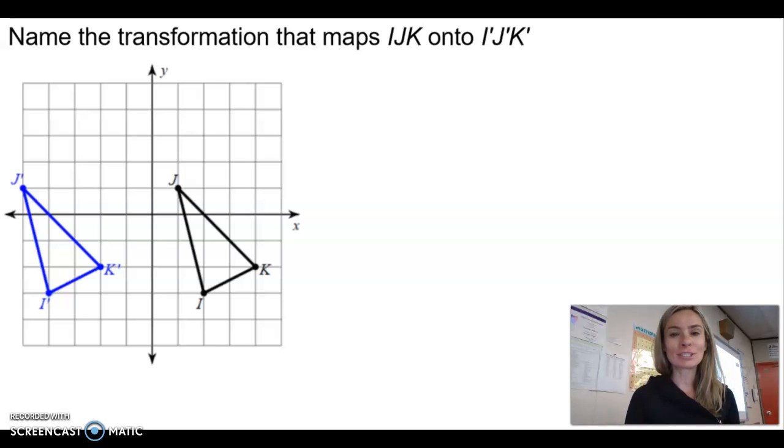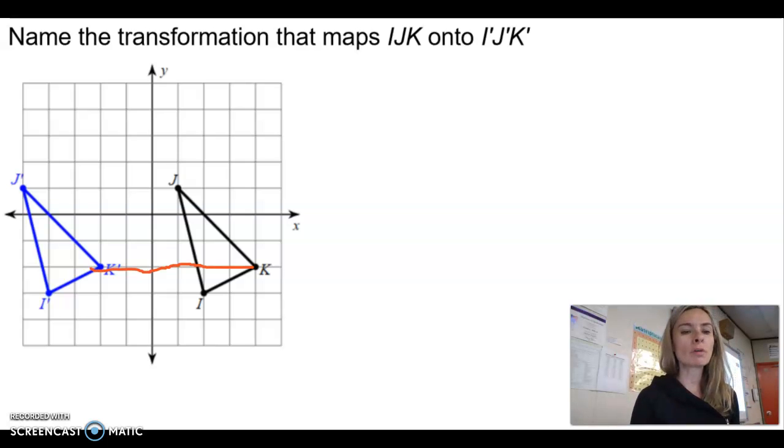Name the transformation that maps IJK onto I prime, J prime, K prime. If you take a look at how to go from K to K prime, it looks like it is a slide. You can count and you see there's 1, 2, 3, 4, 5, 6 units to the left.